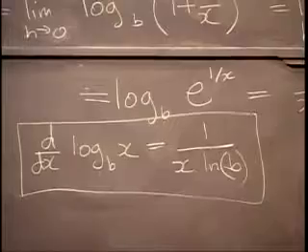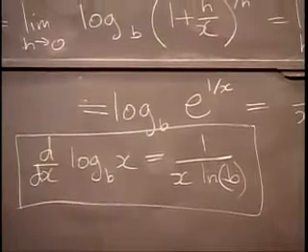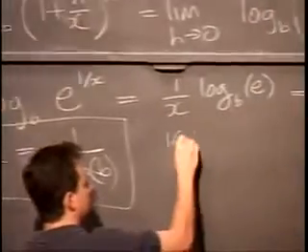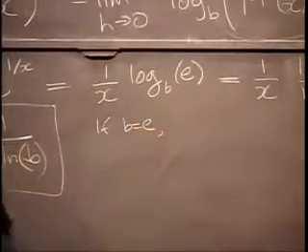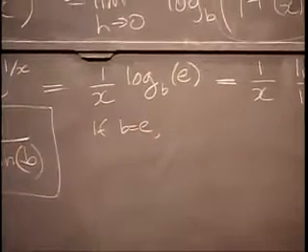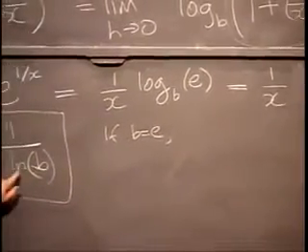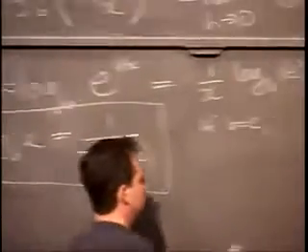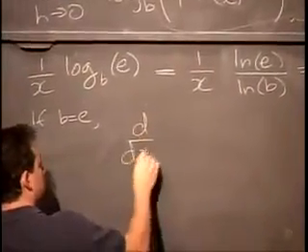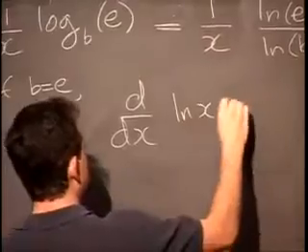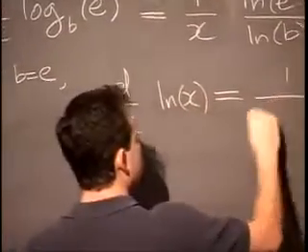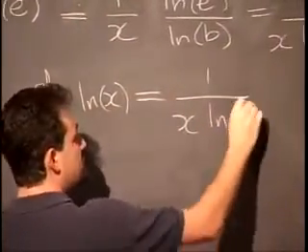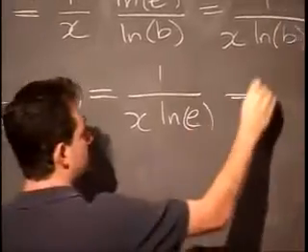Now, by the way, when b equals e, then of course this is just a natural logarithm, and we'll have log of e there. So it's 1 over x log of e, but of course log e is just 1.